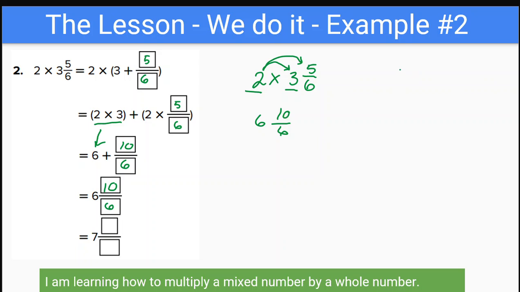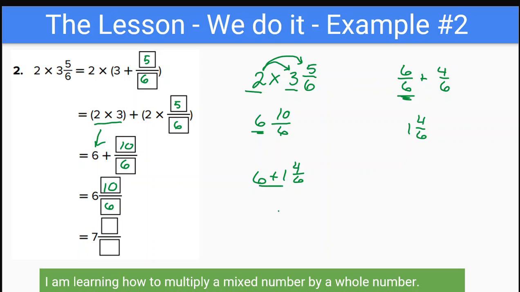We're going to fix that. 10/6 is really 6/6 plus 4/6. Isn't that true? 6/6 is 1 whole. 4/6, we're going to leave the same. So that's 1 and 4/6.